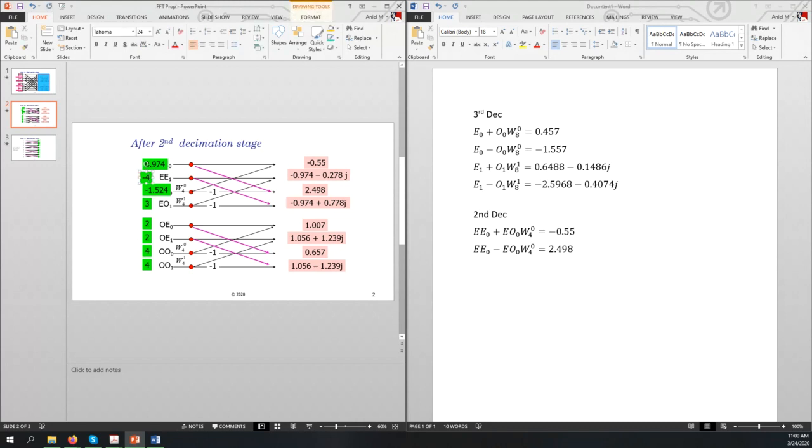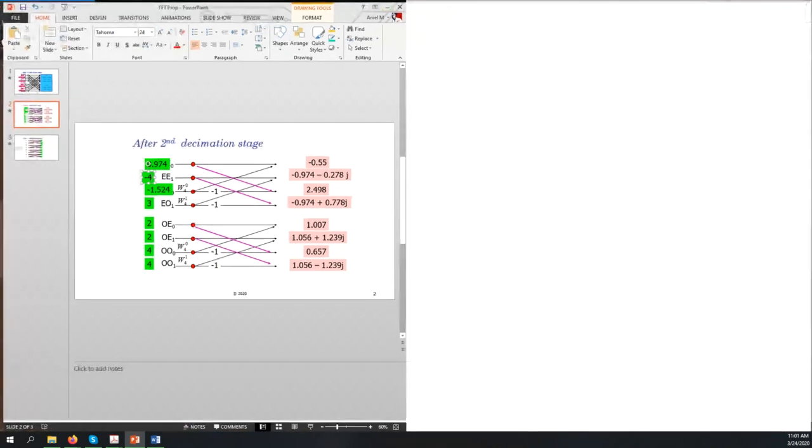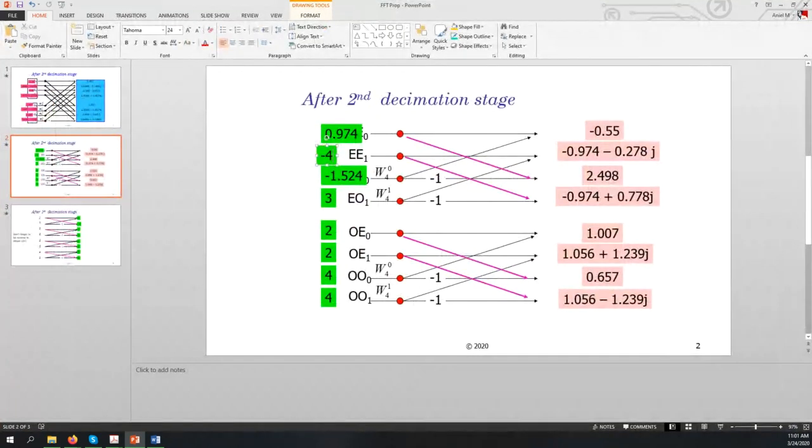If you keep on doing this for EE1, EO1, and then the next pair OE naught, OO naught, OE1, and OO1, you resolve all the equations using the same simultaneous equation method, and you start getting all the values extracted out.